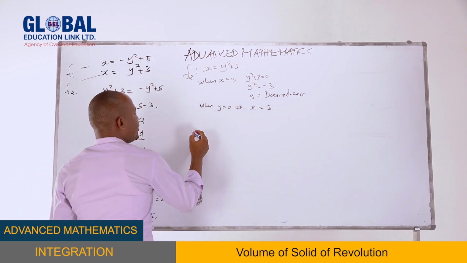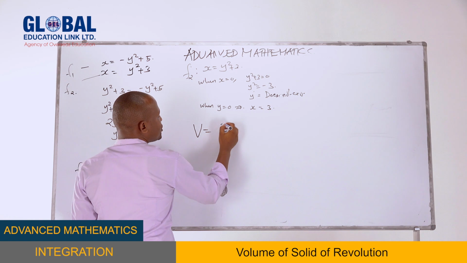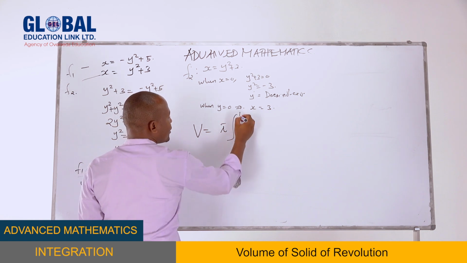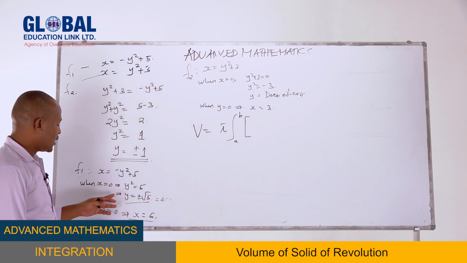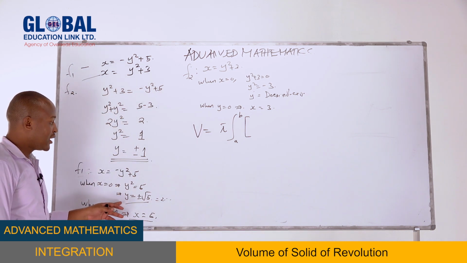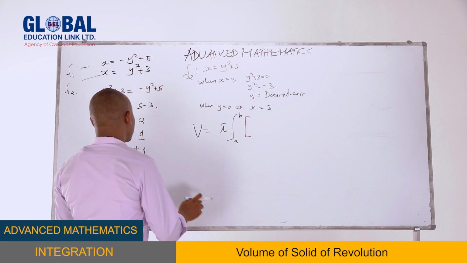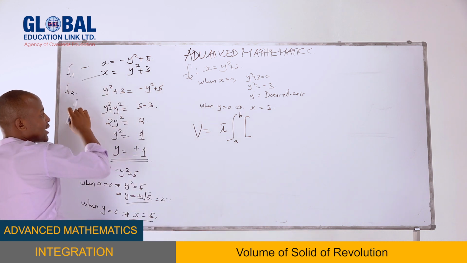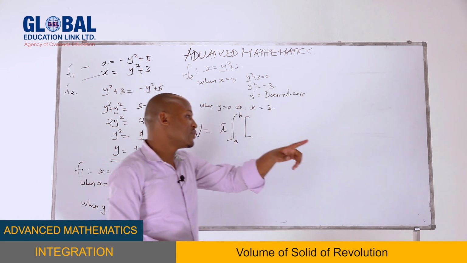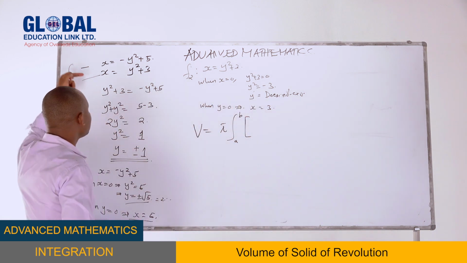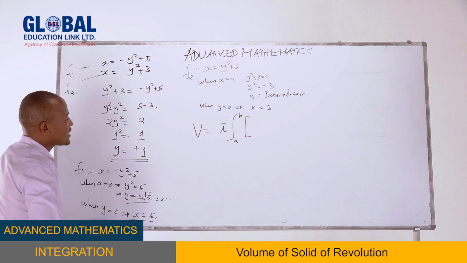We know that the volume of revolution is found by that formula from A to B. But remember, in our example here, we have two functions, the first function and the second one. We have seen from the sketch that in order to find the volume, we have to take the first minus the second one.